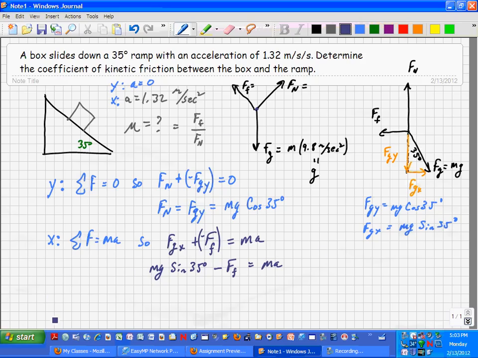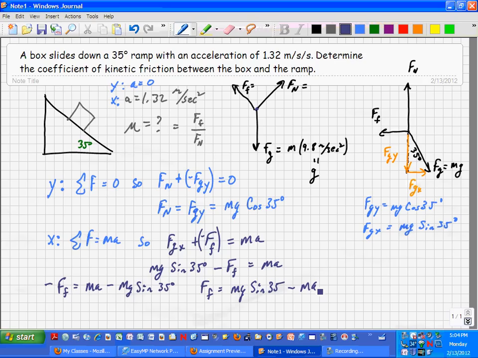So that means negative F_f is going to be equal to ma minus mg sine 35 degrees. Divide both sides by negative 1, and we get F_f is equal to mg sine 35, because this becomes a positive, minus ma, because that becomes a negative.